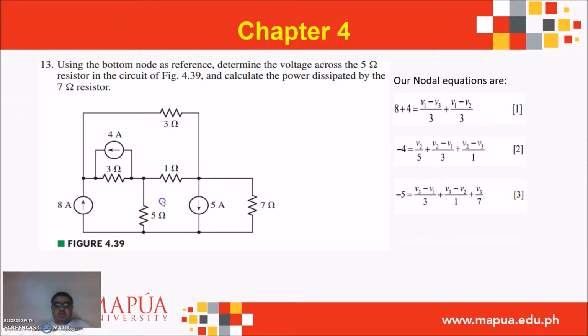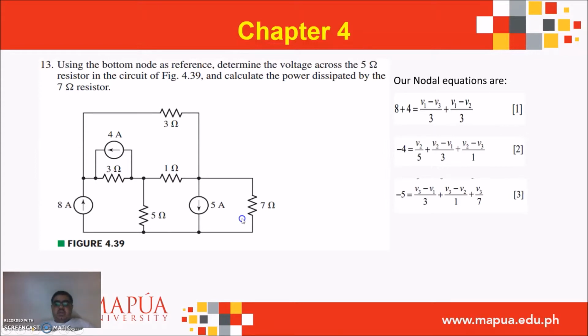Then the last equation would be negative 5 is equal to V3 minus V1 over 3 ohms plus V3 minus V2 over 1 ohm plus V3 over 7 ohms.